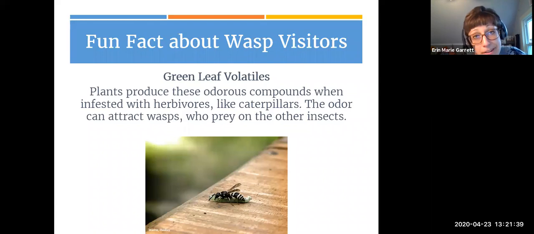So if we have a caterpillar that is sitting on a leaf and it's eating that leaf like they do, that plant is going to put out this compound called a green leaf volatile, and wasps can detect that and track it back to the plant to then find caterpillars that they can predate on, and eat or bring back to their nest. I thought that was a very fascinating relationship, and just wanted to point that out. Again, wasps can be visiting to collect nectar, but also they can visit to be hunting for prey.